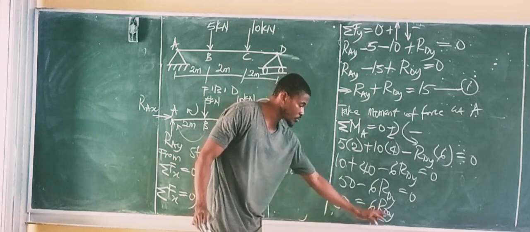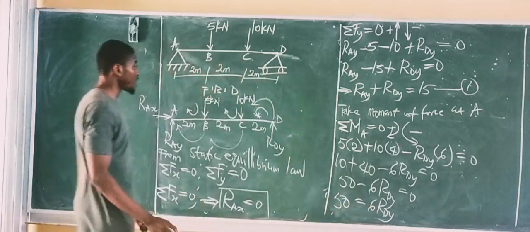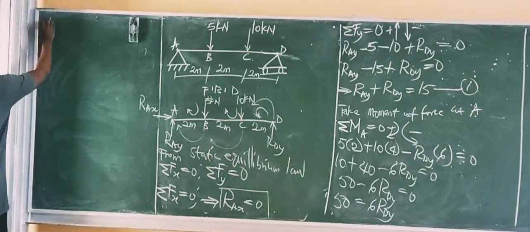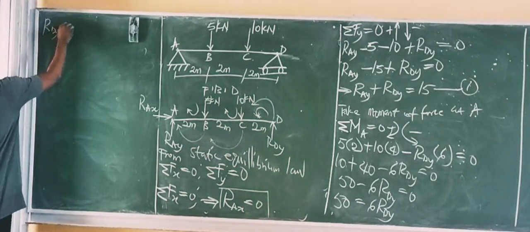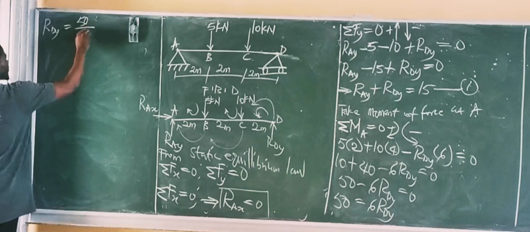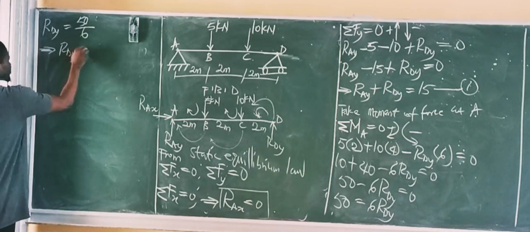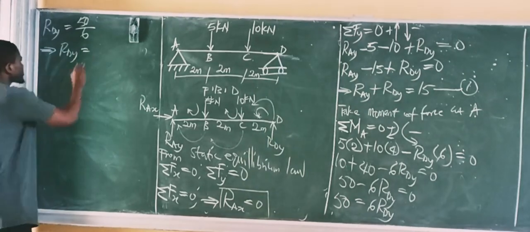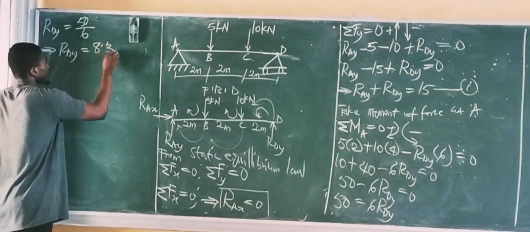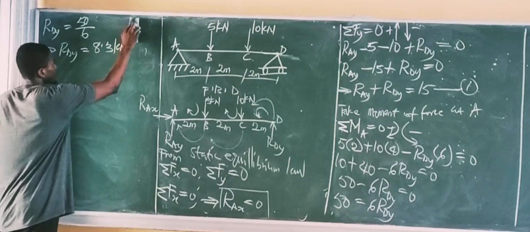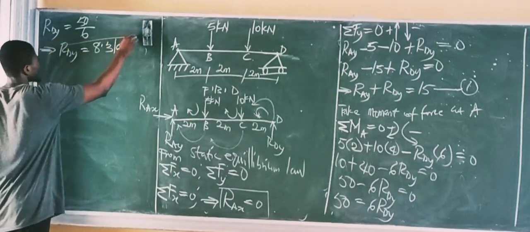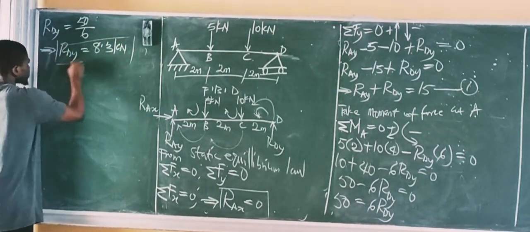So RDY is now 50 divided by 6. So that implies that RDY is equal to 8.3 kilonewtons. So the reaction at point D is 8.3 kilonewtons.